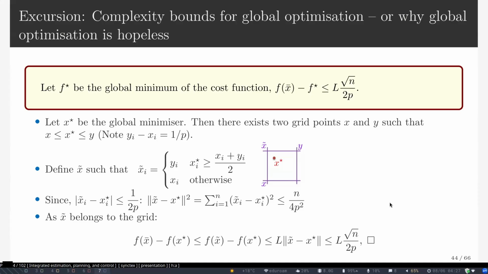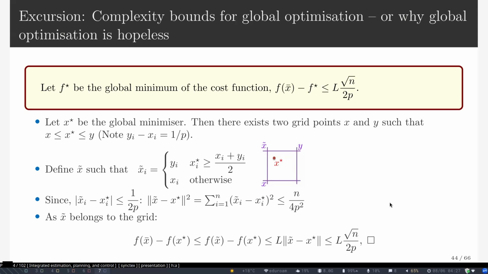How the proof works is fairly simple. Imagine x star is the global minimum. By construction, there would be 2 grid points, x and y, such that component-wise, the difference between x_i and y_i is 1/p, because I have partitioned the space.